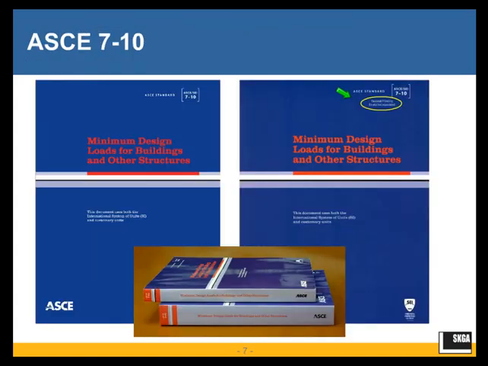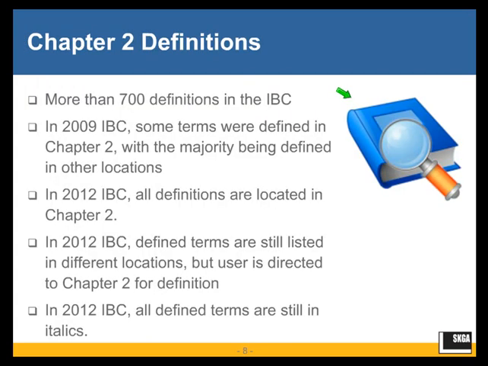So if you can take a look at your ASCE 7-10 and see if you have the second printing that includes errata, then that will save you from having to incorporate some of the errata that's been published. But we're expecting new errata to be posted around October 1st. And also sometime in October, there will be a third printing of ASCE 7-10 that includes the errata as well as supplement 1 and an expanded seismic commentary.